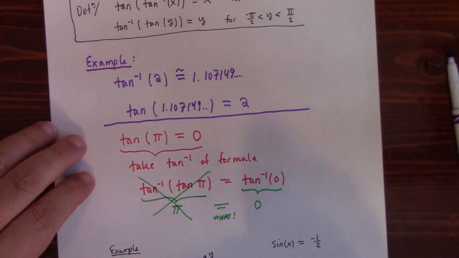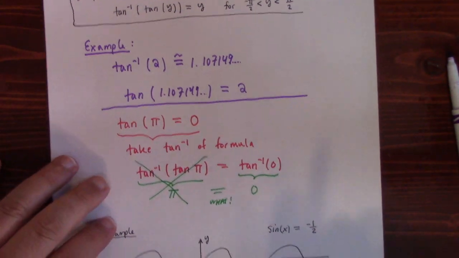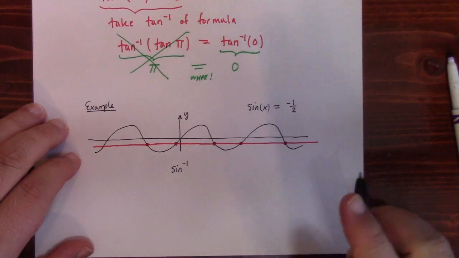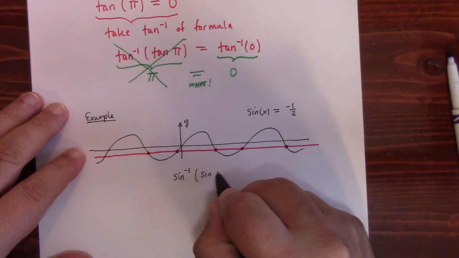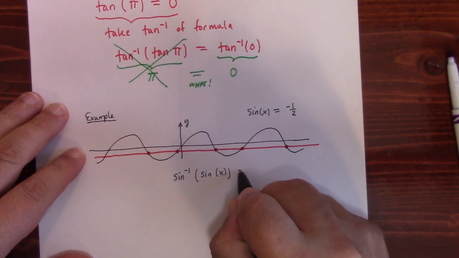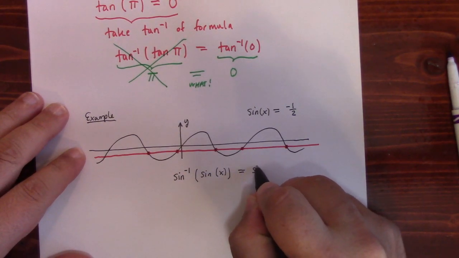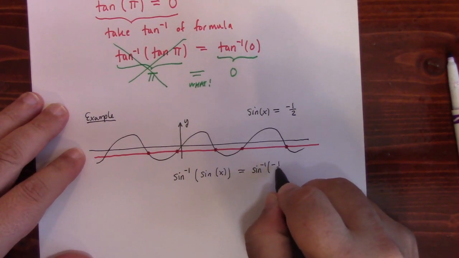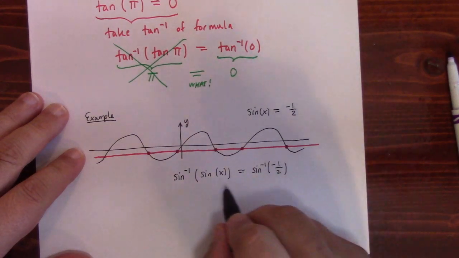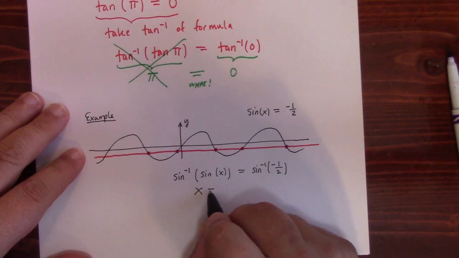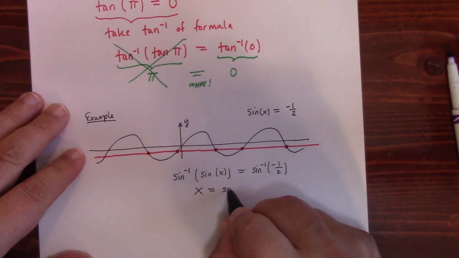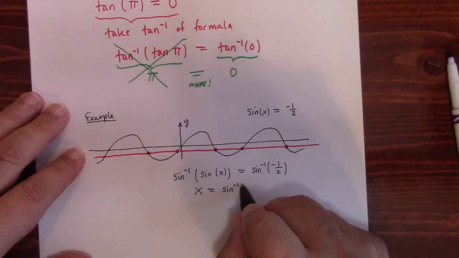So if I take inverse sine of sine of x, that is inverse sine of minus 1/2. That's going to give me x equal to inverse sine of minus 1/2.